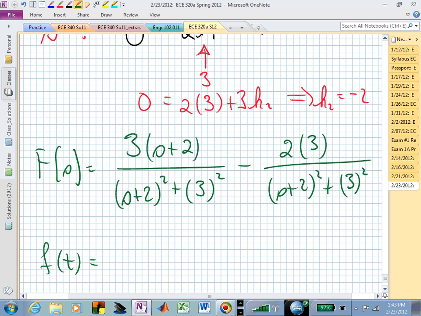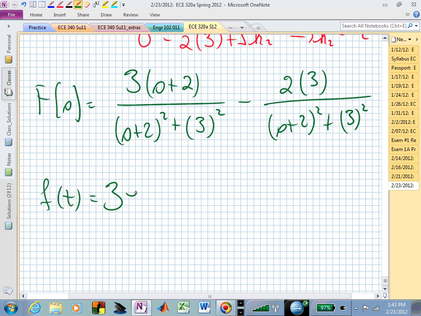Now I can write that down by inspection, because all I have is an exponentially damped cosine scaled by 3, and I have an exponentially damped sine scaled by minus 2. And I end up then with 3 e to the minus 2t cosine of 3t minus 2 e to the minus 2t sine of 3t.